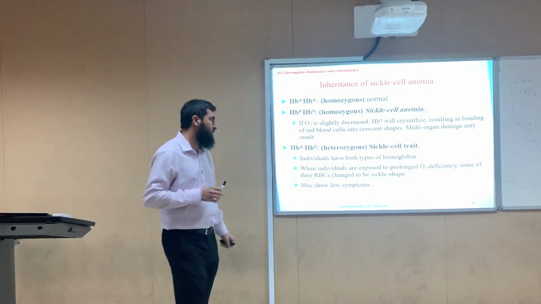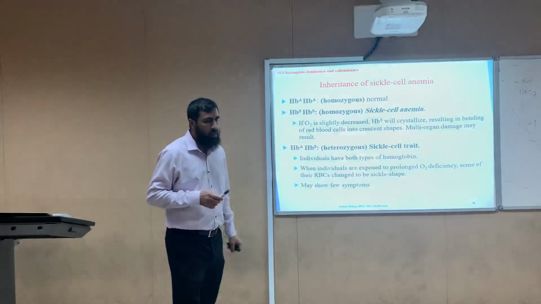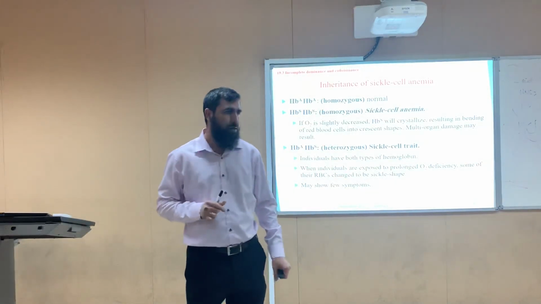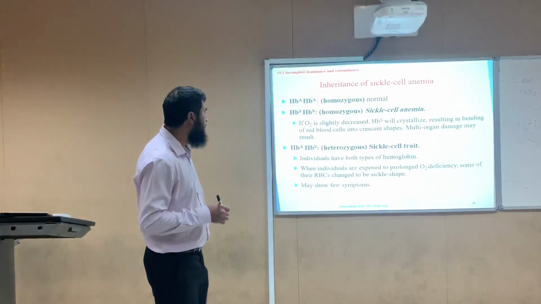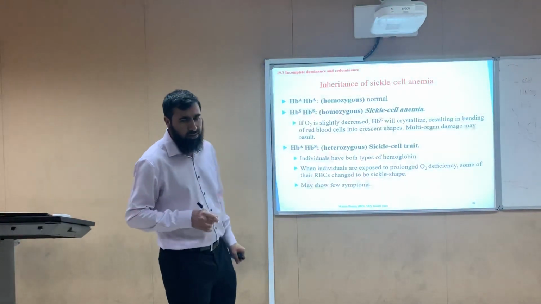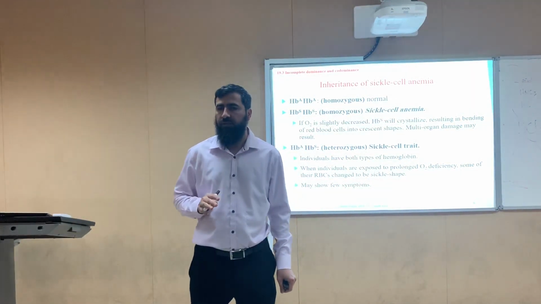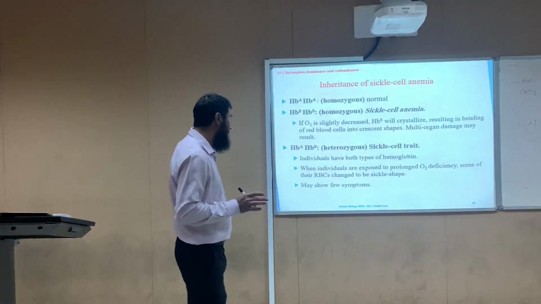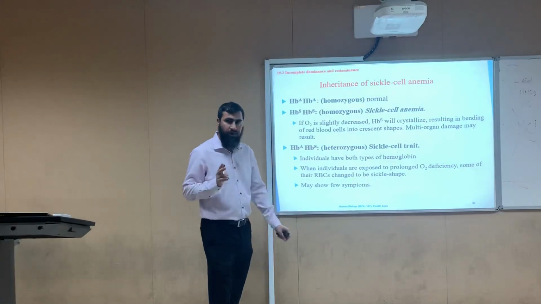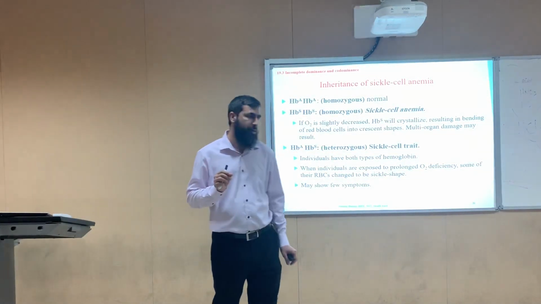Yesterday we finished off here, where we saw that in sickle cell anemia or the sickle cell trait, we can see both complete dominance and incomplete dominance in terms of the shape of the red blood cells.